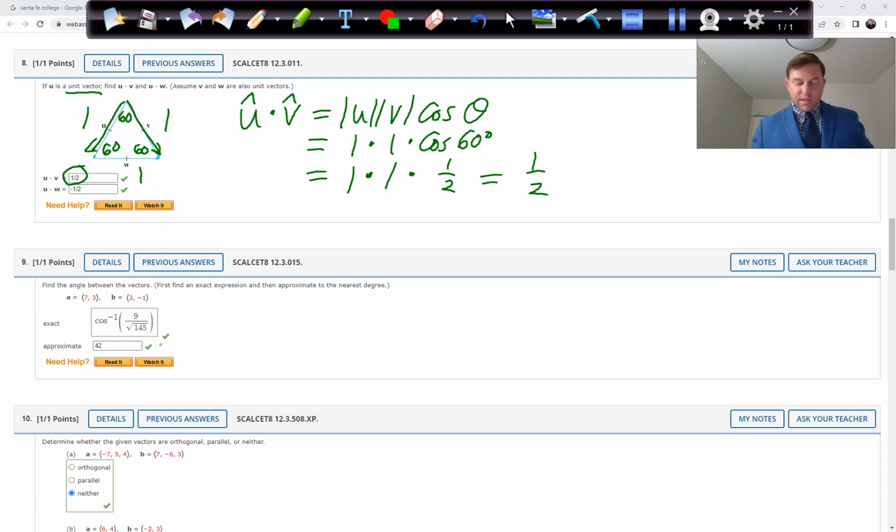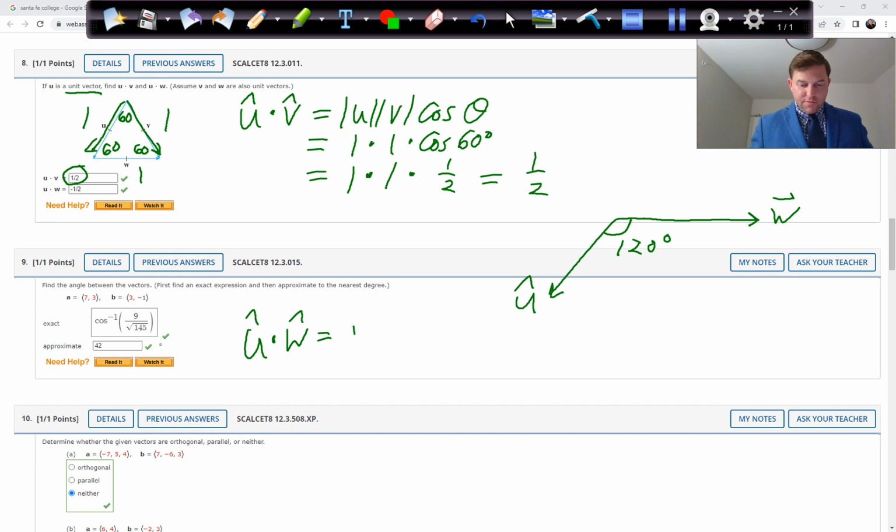Now it gets a little more interesting when you have u dot w, because their tips and their tails don't line up right. So if I line up their tips and tails, u goes down to the left like this, w goes to the right like that. Well, this actually now becomes double 60. This is now 120 degrees. So this is u, this is w. Otherwise, the equation stays the same.